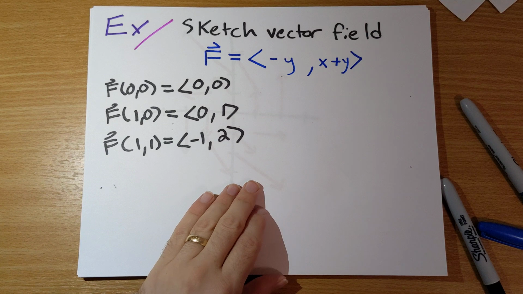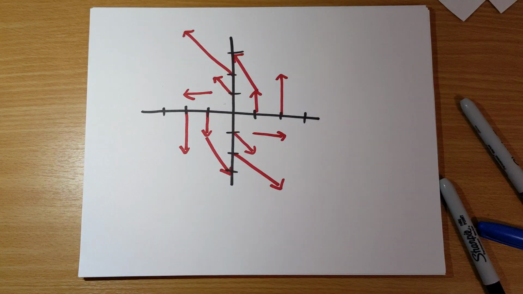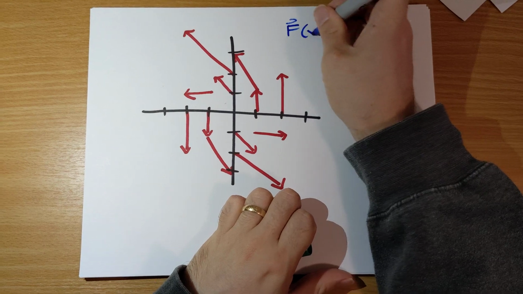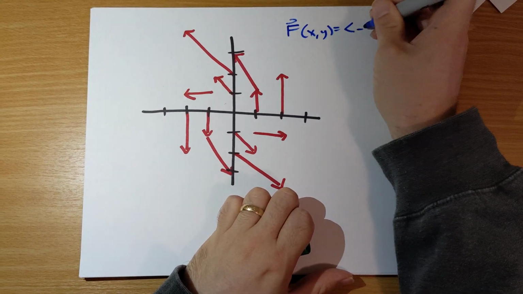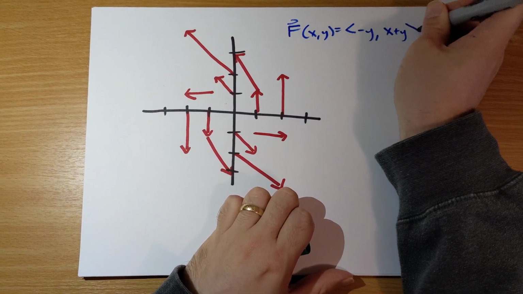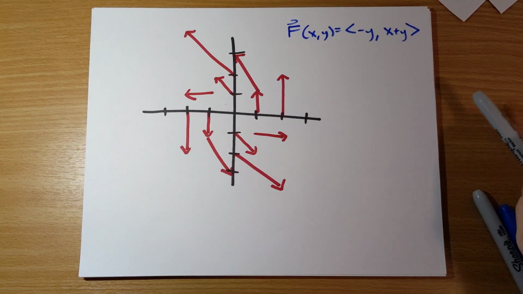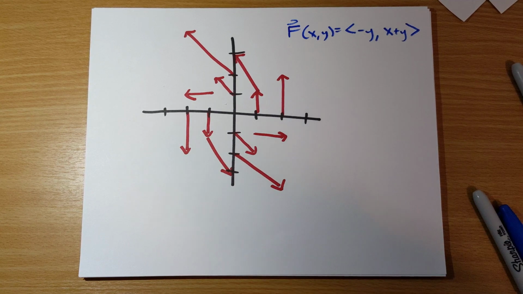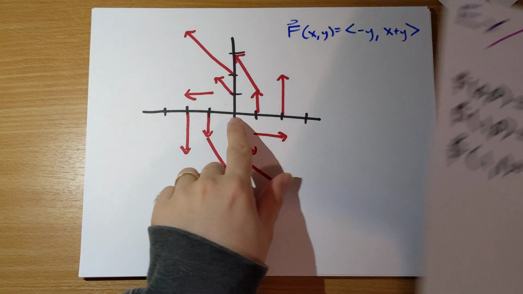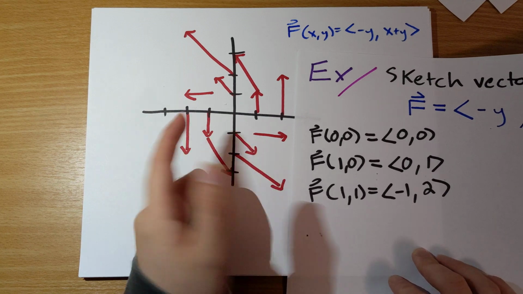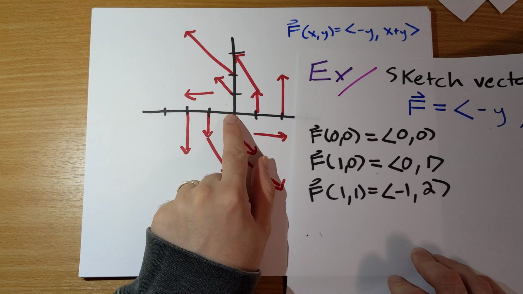That's a little bit of a tedious exercise to do in a video, so for f of x, y is -y, x plus y, I just went ahead and did that for a bunch of points here and plotted it. So f of 0, 0 is the 0 vector, and I can't really draw the 0 vector very well.